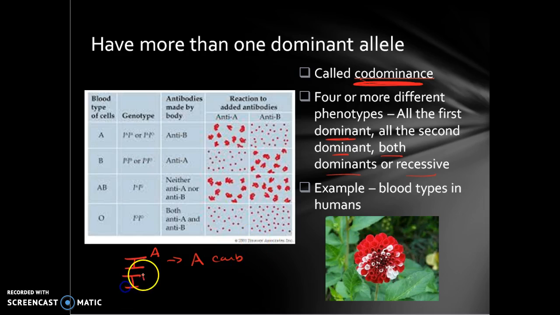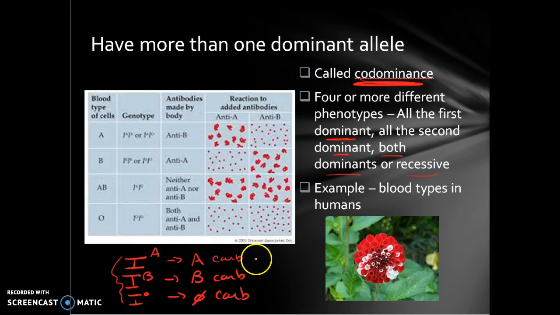You can have the gene IB, and that creates B-type carbohydrates on the blood cells. Or you can be IO, which means you have no carbs on your red blood cells. You have neither A nor B type carbohydrates on your blood cells. So those are your 3 alleles. Those are the 3 things that you can inherit.